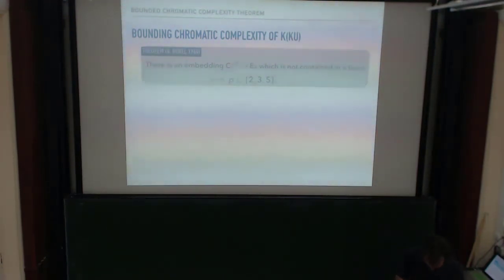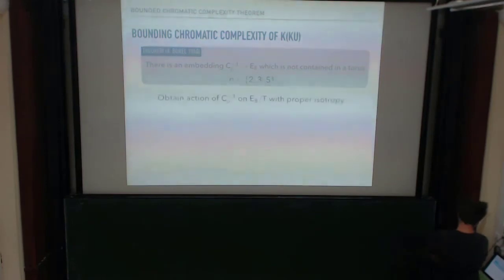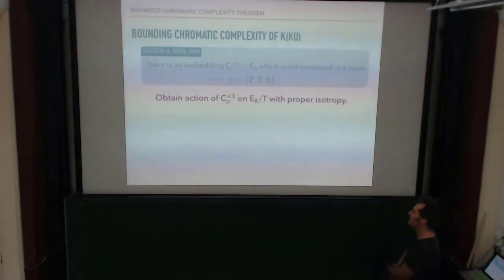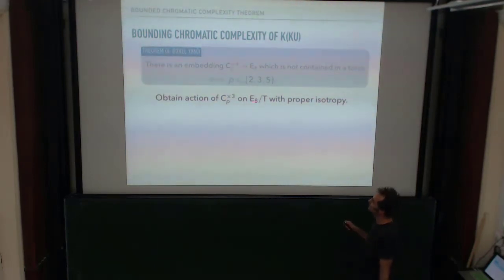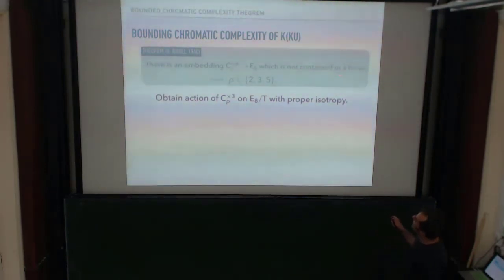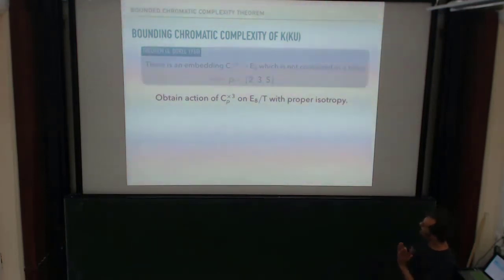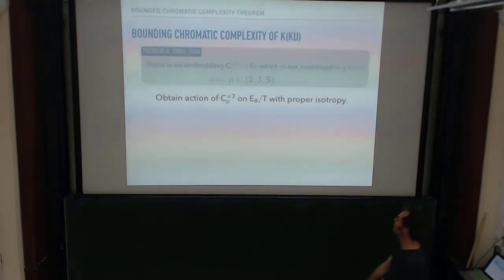It's a crazy result. What does that mean? Well, it means if I take this flag variety, E8 mod the torus, I get an action on here. Because the action didn't land in the torus, it doesn't have any C_p cubed fixed points. The isotropy is always proper.